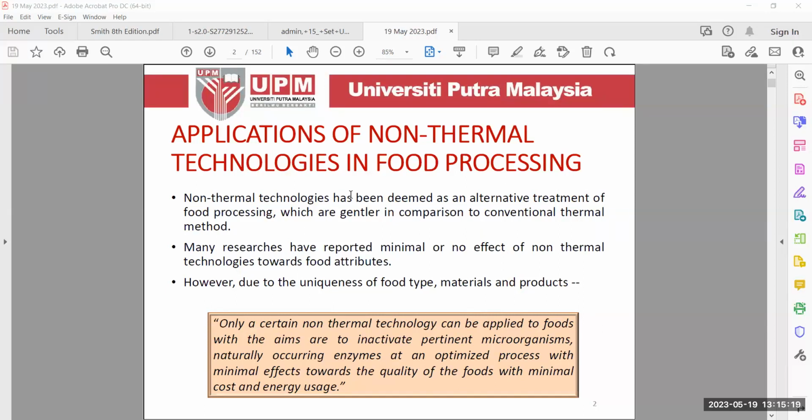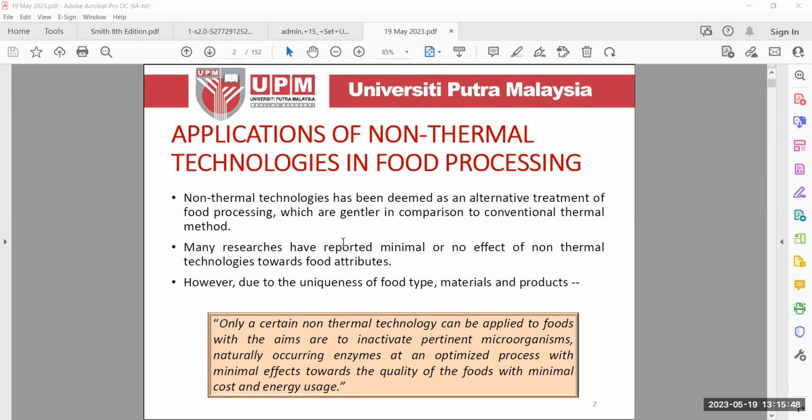Non-thermal technologies have been seen as an alternative treatment for food processing, which is gentler in comparison to the conventional thermal method. It has been reported to have very minimal or no effect on the food's nutritional quality and characteristics, the flavor, sometimes even the colors not changing.